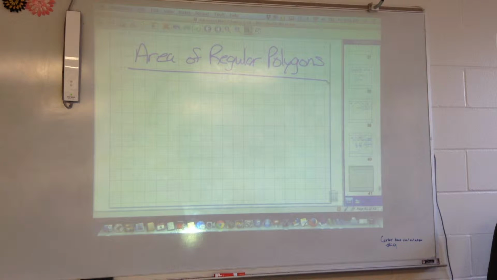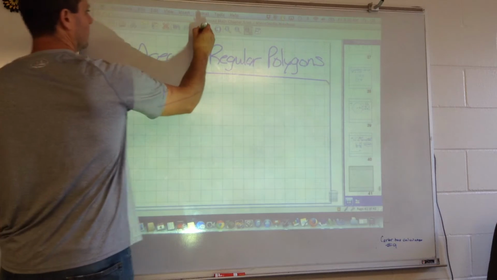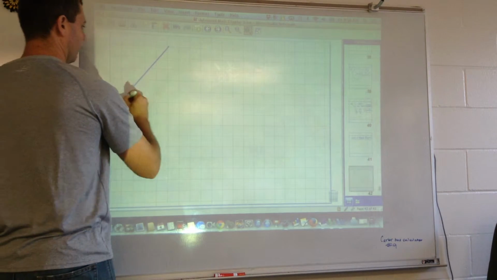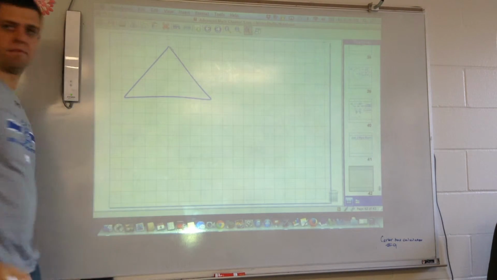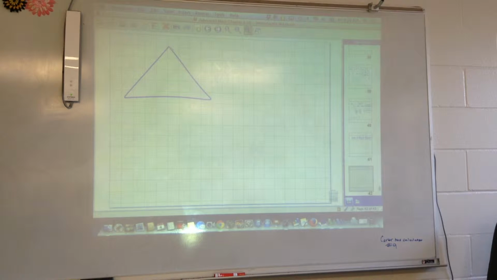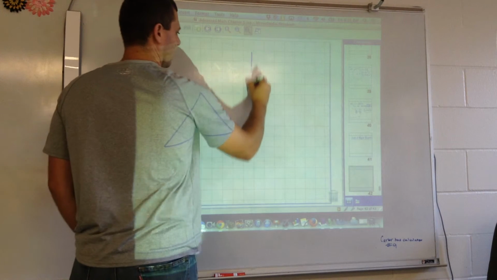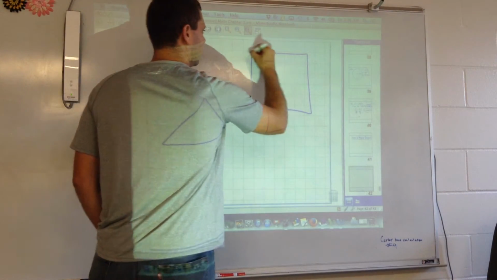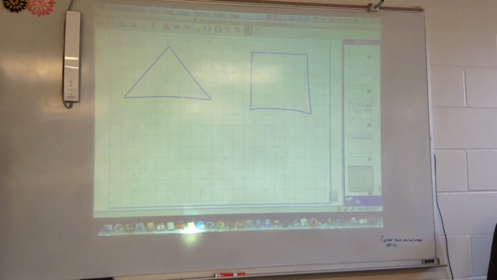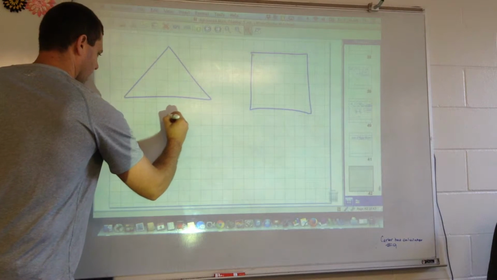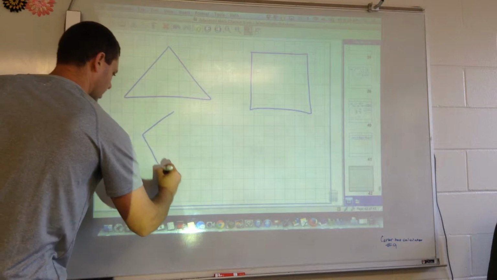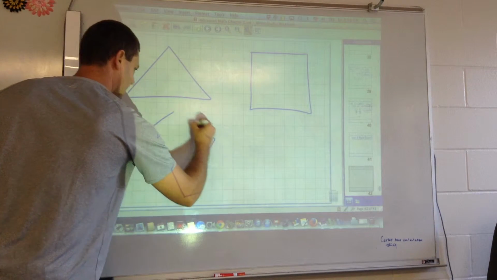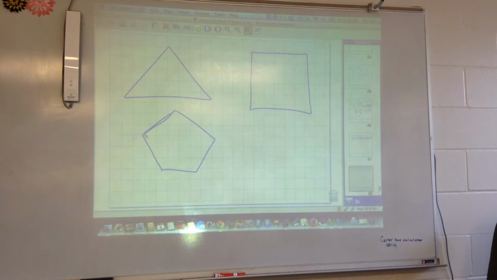Okay? So you could have a shape like this, and that could be a regular polygon, assuming all the sides and all the angles are the same. A square is a regular polygon. That's meant to be a regular pentagon.